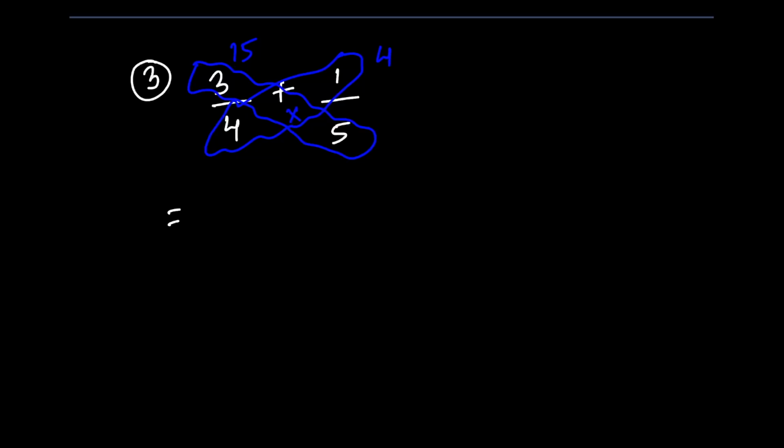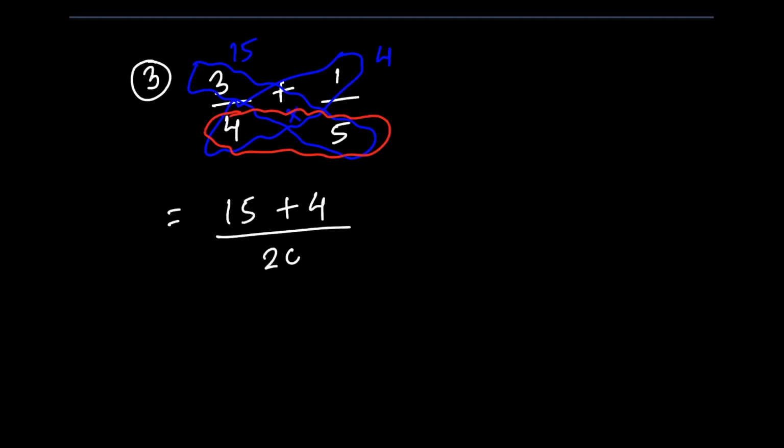So we can write 15 plus 4 divided by, and here again in the denominator part multiply both the denominators. 4 times 5 is 20. So we can write it as 19 divided by 20.